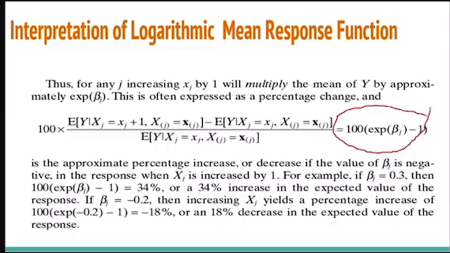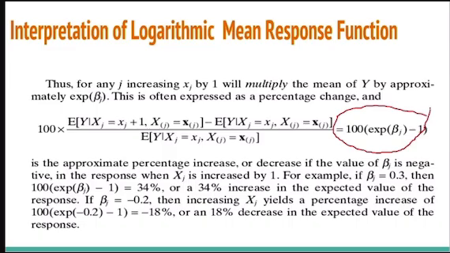Whenever the response is on a logarithmic scale, and the predictor variable of interest is not log, the interpretation is for a unit increase in X, you're going to talk about the percentage increase in Y.